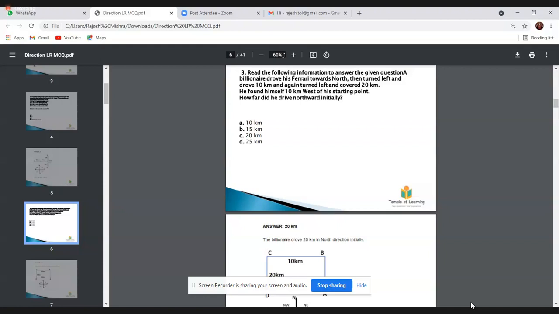Because it's a rectangle. The movement is at 90 degrees. So the billionaire actually drove what distance? A to B is how much? 20 kilometers. You can all see a rectangle here. C to D is 20, so A to B shall be 20 as well. Is this okay, all of you?